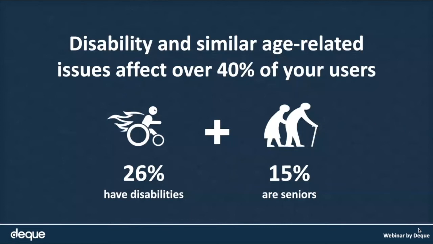If we take those users as well, we would have something like 40% of our user base who will need these considerations to be made, right? So the percentage of users is definitely not a small number, and for that reason we need to include accessibility as one of our main areas.